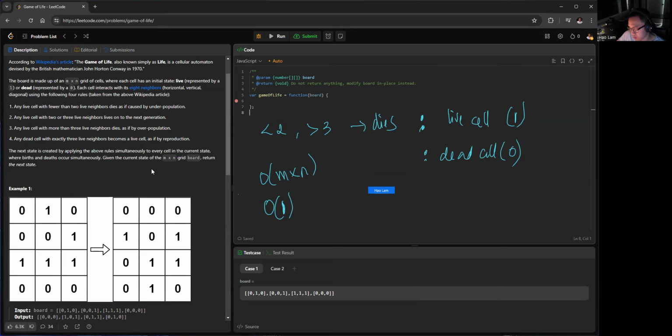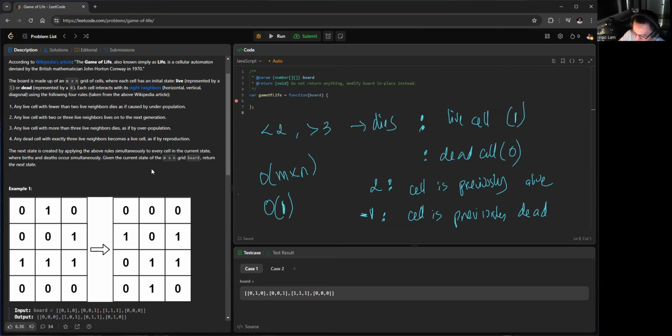I can use 2. 2 means the cell was previously alive. And I can use a negative number to represent the dead cell, because we already use 0 and 1. -1 means the cell was dead in the previous state.